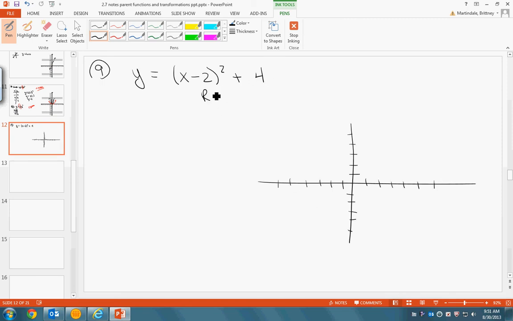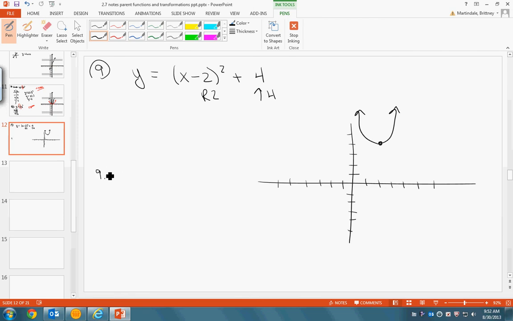This means right 2, and this means up 4. So I know that because this is squared, it's going to be a U. So I move right 2, up 4, and I go ahead and put my dot. Sorry, I know it's going to be a U. It's going to be a parabola. And that's all you have to do. If you really want to, do a t-table.